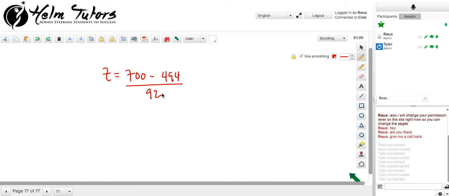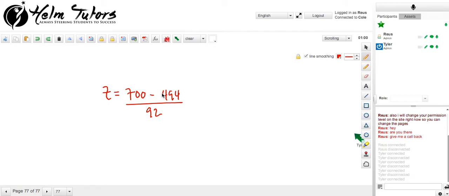You got 0.024? I have 2.23. Did you do 700 minus 494, which is 206? That's right. And then 206 divided by 92. Oh, yeah, there we go. I got 2.23. Okay, cool.